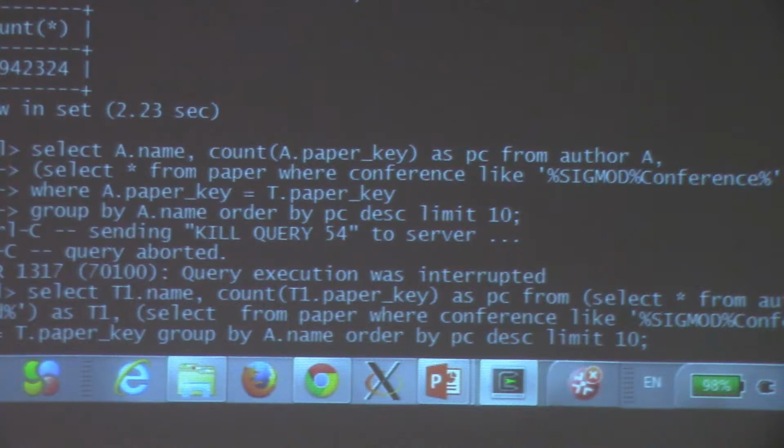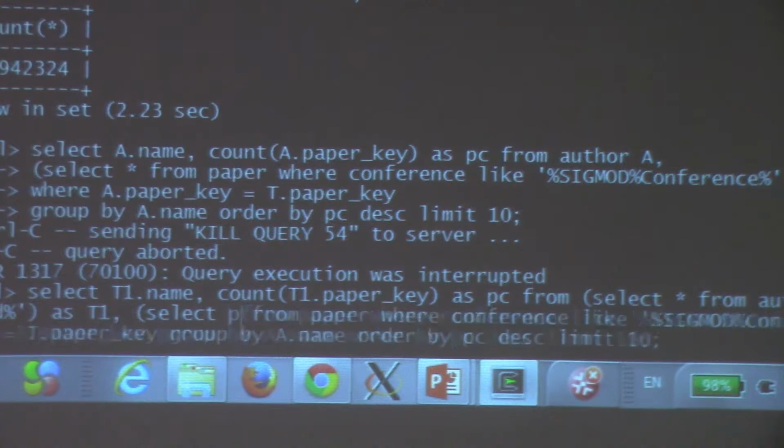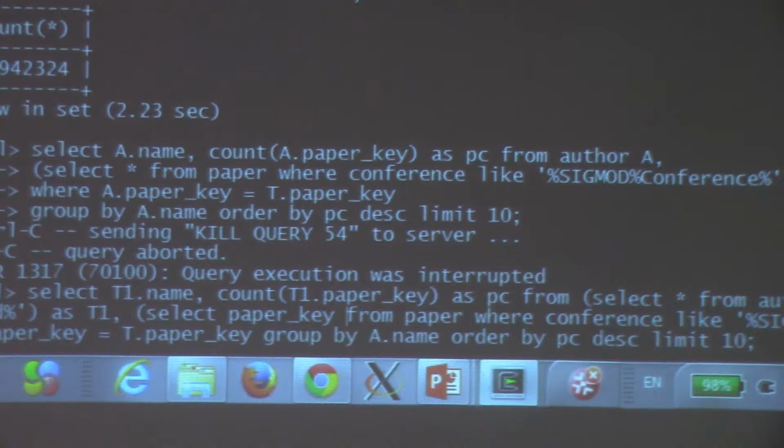And you can also do some optimization here. You don't have to output everything. All you need is just the paper key.